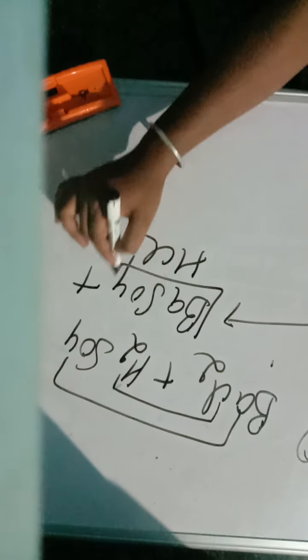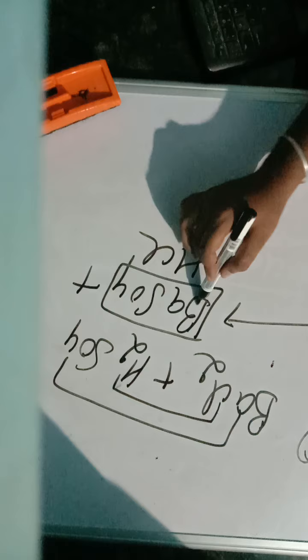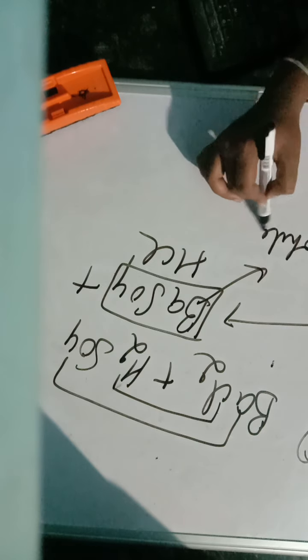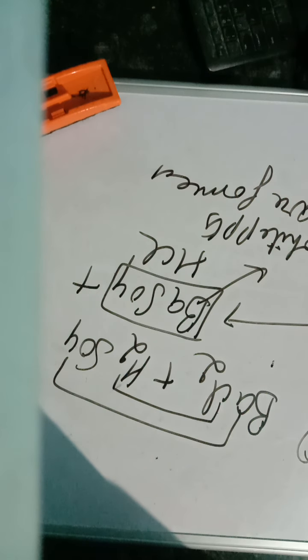So here the barium sulfate forms white PPTs. Here white PPTs are formed. Okay, so this is the formation of precipitates.